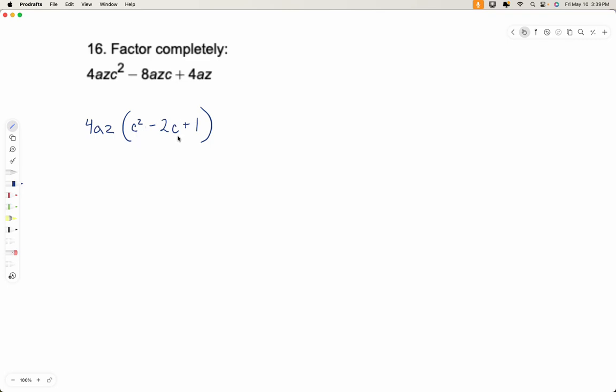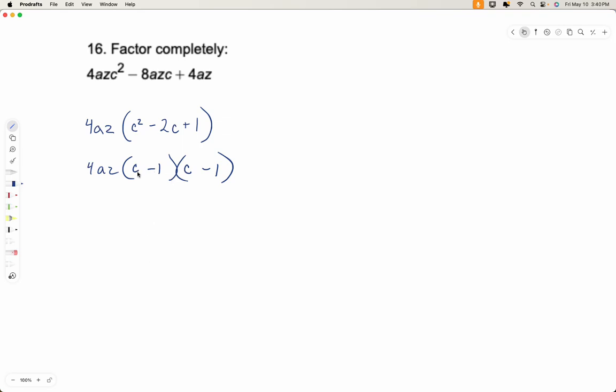Now the factors of positive 1 that give me a negative 2 is negative 1 times negative 1, right? So I'm going to say 4AZ times, this can be factored into two binomials. The only way to get C squared is C times C, and then this is minus 1.